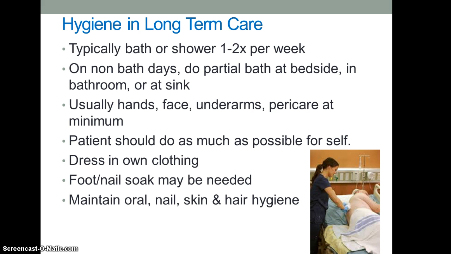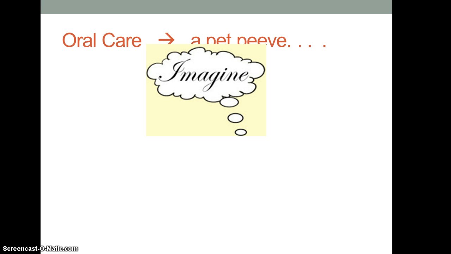It's up to you to make sure that they are clean and do pericare, perineal care. If you can, dress them in their own clothing. Make sure you take care of their nails, hair, skin, oral hygiene, that sort of thing. So that is going to be expected, and we'll be going over that in more detail in the lab.